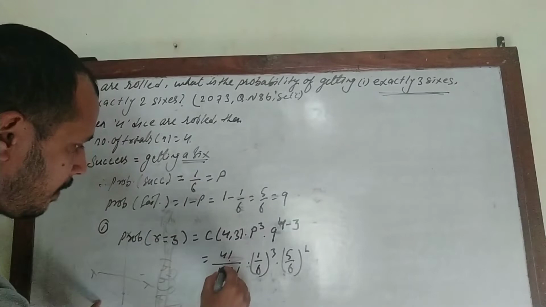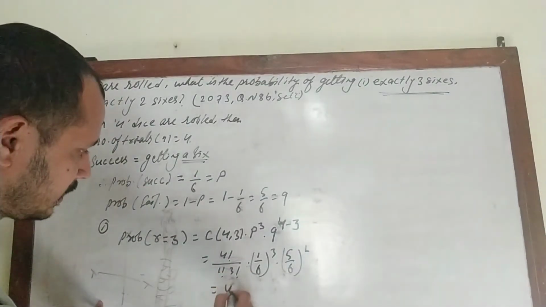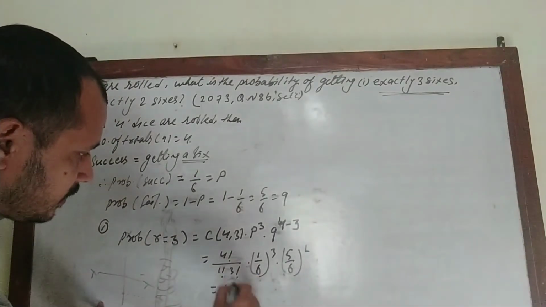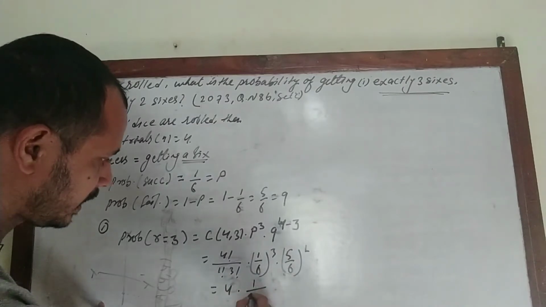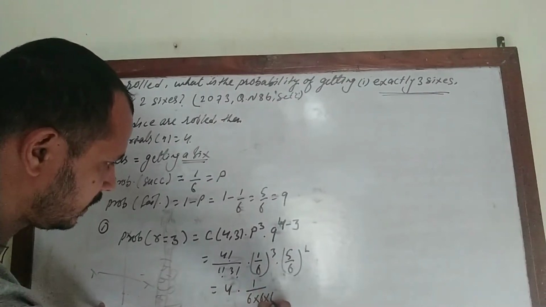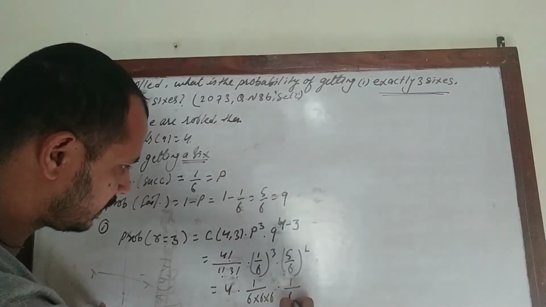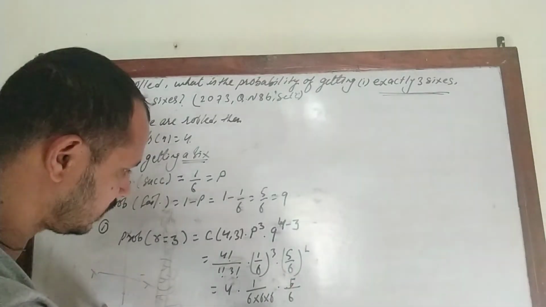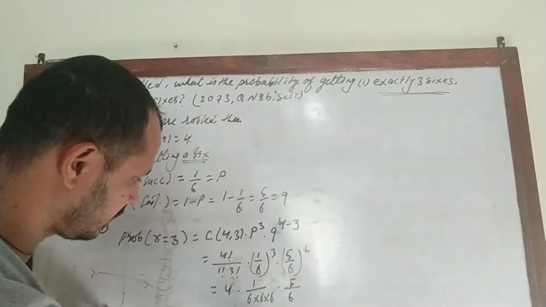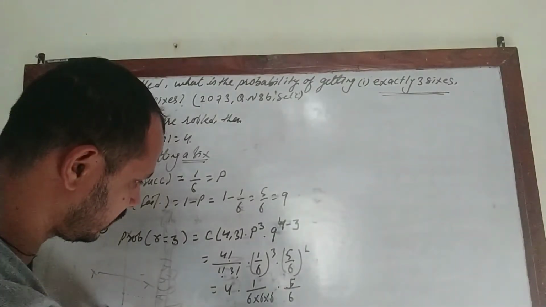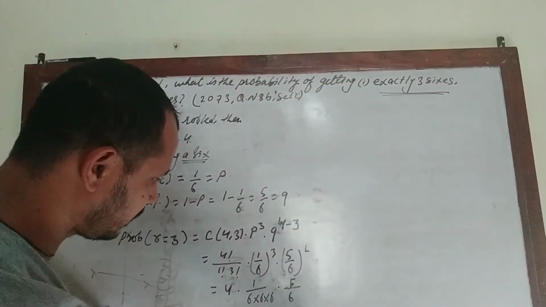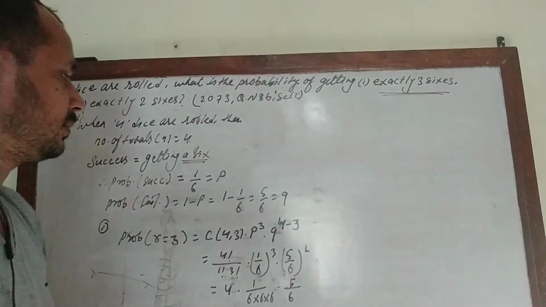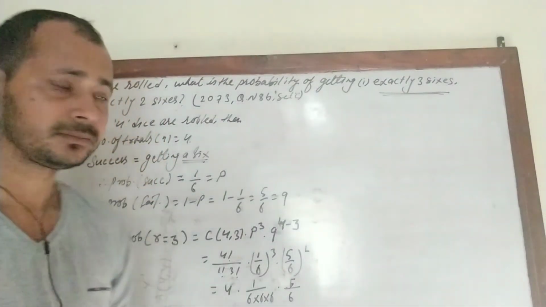Here 4 into 3 factorial, 4 will be cancelled, 3 factorial will be cancelled, which gives us 4 into 5 by 6 into 6 into 6 into 6. The simplification will give the value of this probability.